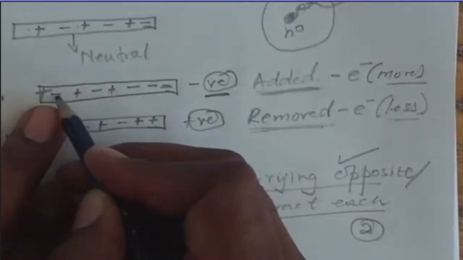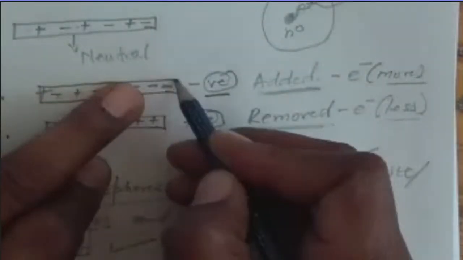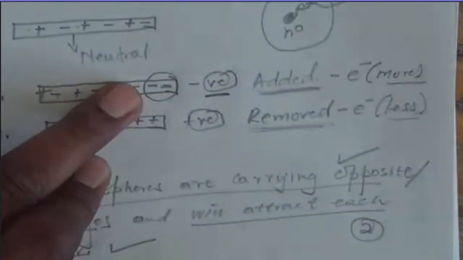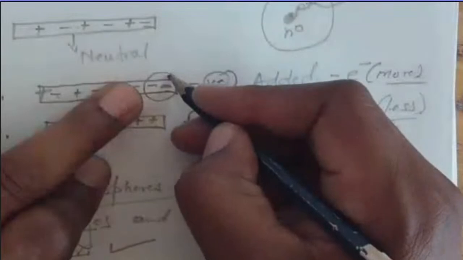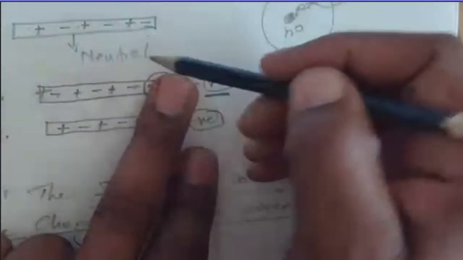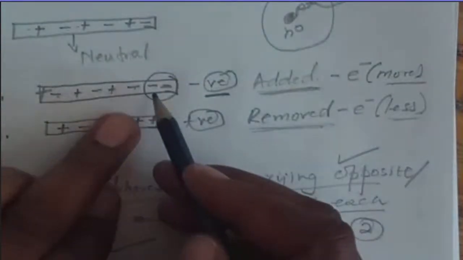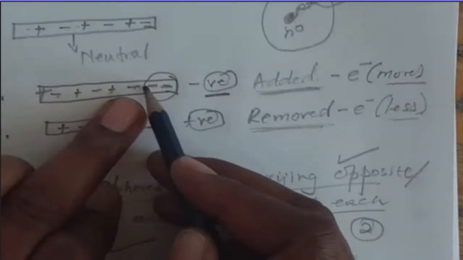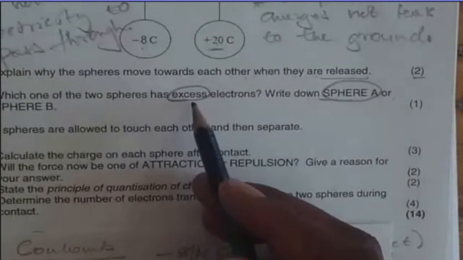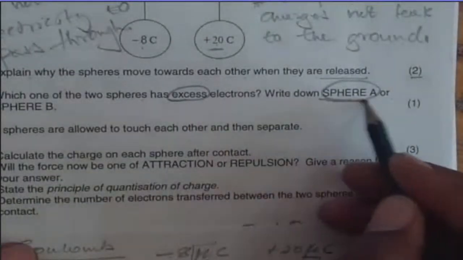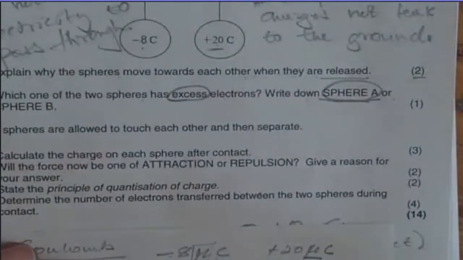How many negative? 1, 2, 3. So these 2 electrons are what we call an excess of electrons. I'm having 2 left because we want to make it neutral, but I'm having still more electrons. So you are saying these electrons are in excess. So it will be my sphere A for that matter. All right.